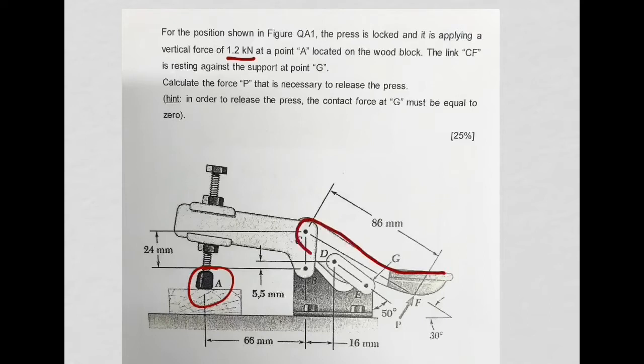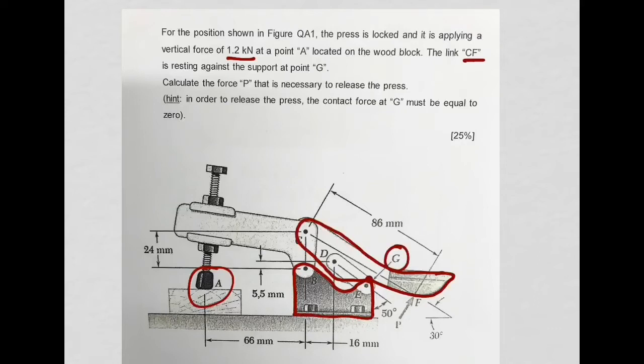So it means, in order to lock the press, you need to push this link, which I think is called here the link CF, yeah? So that it comes in contact with this structure here that I'm underlining in red at this point, which is point G, right?